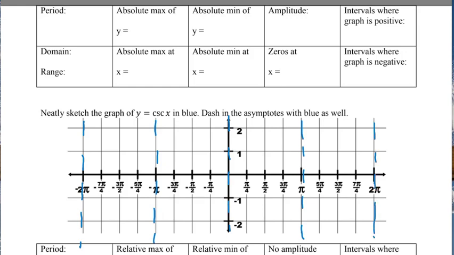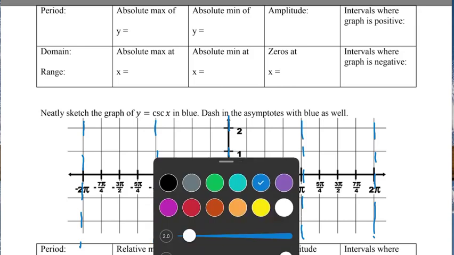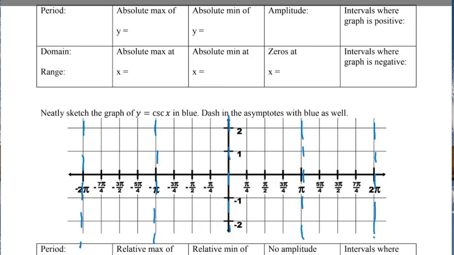Now, just to help us as we graph this, we're going to make note of a couple of points because cosecant is the reciprocal of sine. We know that sine is 1 at pi over 2. We know that it is negative 1 at 3 pi over 2. We know that it is negative 1 at negative pi over 2, and that it is positive 1 at negative 3 pi over 2.